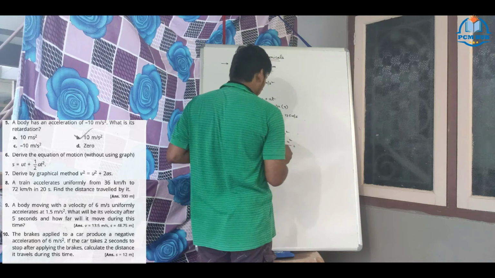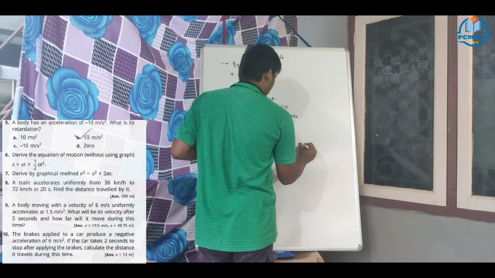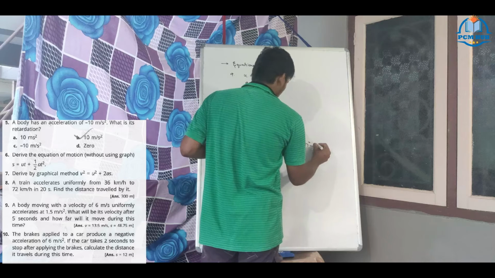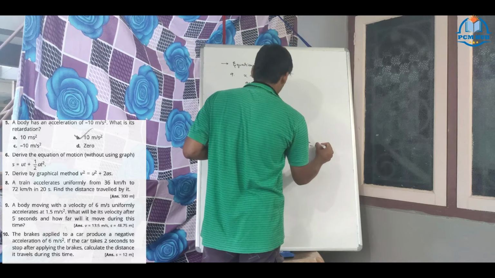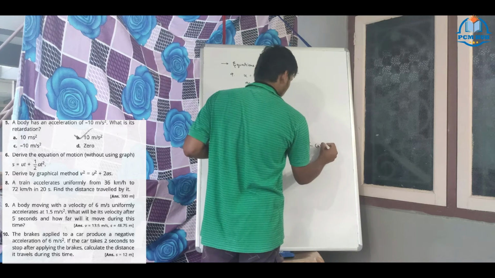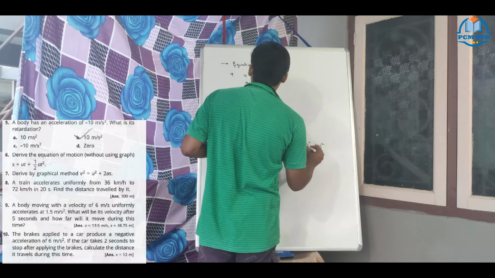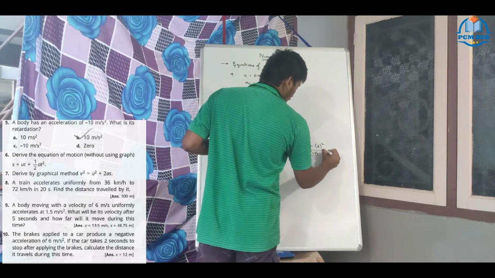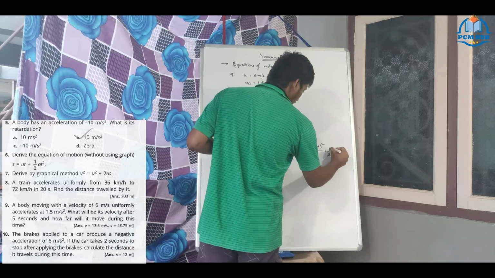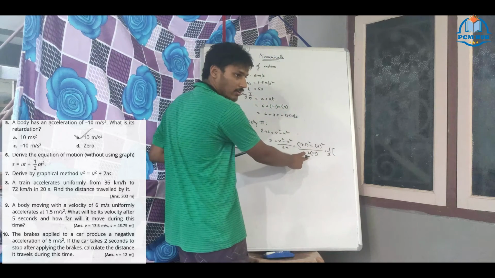What is v? 13.5 whole square minus u square. u is how much? 6 square, divided by 2 into a. a is how much? 1.5. 2 into 1.5, that is 3, no?